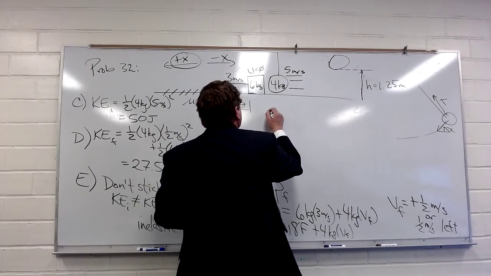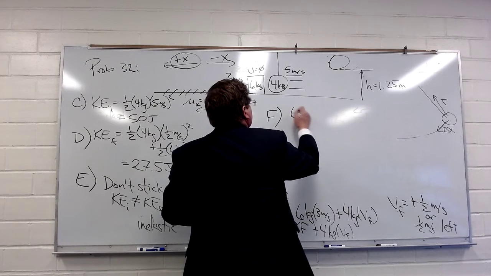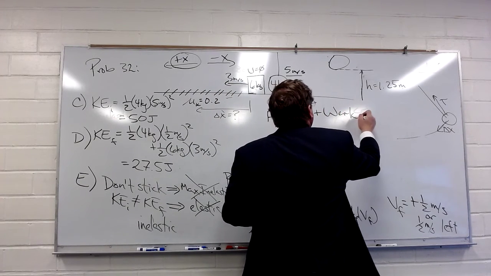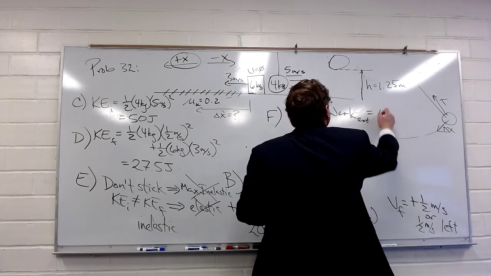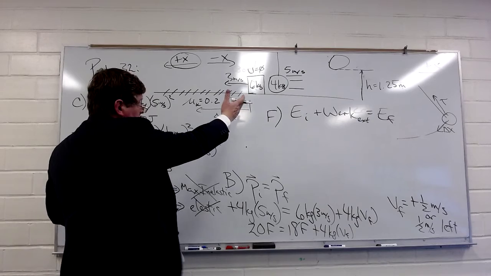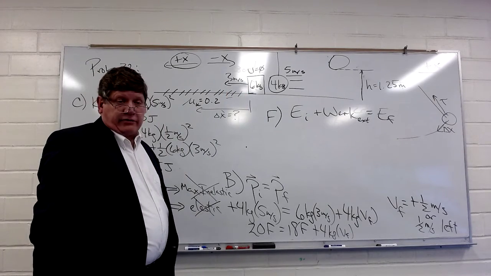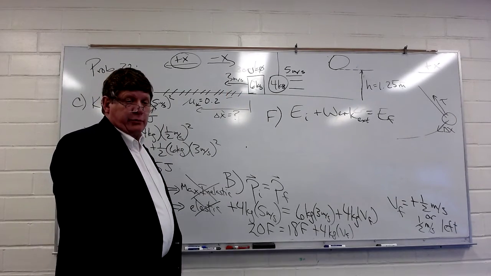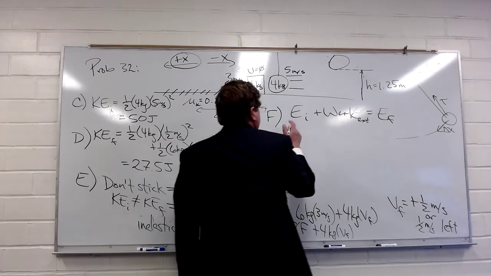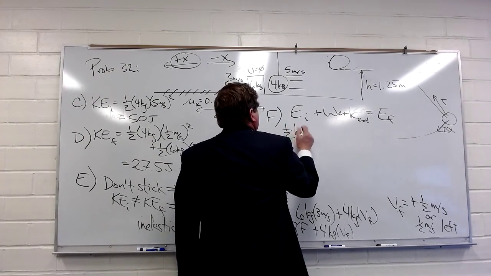So if I look at part F here, I start with energy initial plus work external is equal to energy final. Now, because this block is on the floor, there's no gravitational energy. Because there's no springs in the problem, there's no spring energy. So by energy, we mean kinetic energy.